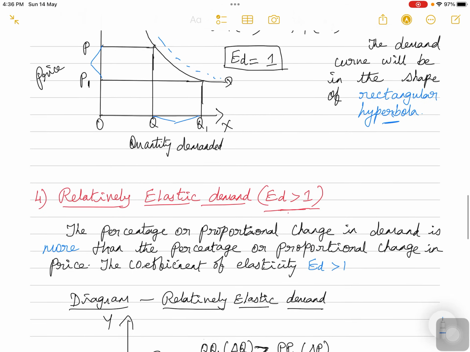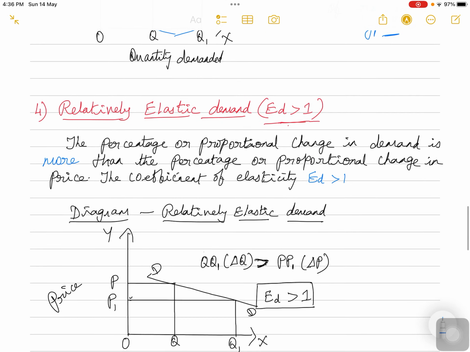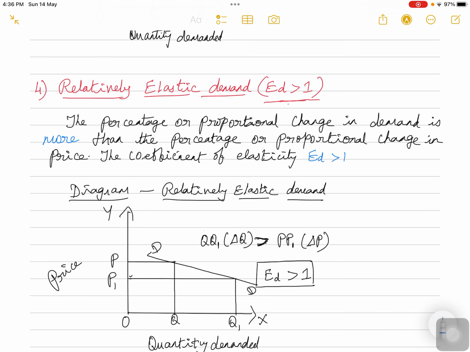And apart from that, we have two other types of elasticity. The fourth one is relatively elastic demand. Relatively elastic demand means the change in demand is more than the change in price. Elastic means like a rubber band. Always remember that, then it will be easy to understand. The percentage or proportional change in demand is more than the percentage or proportional change in price.